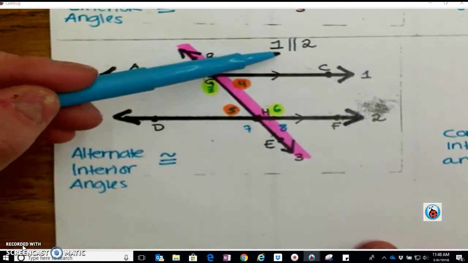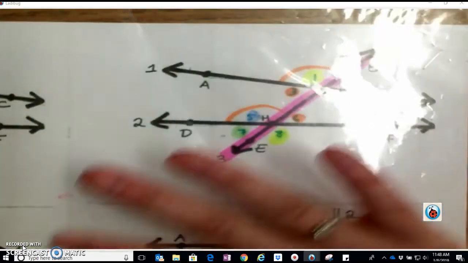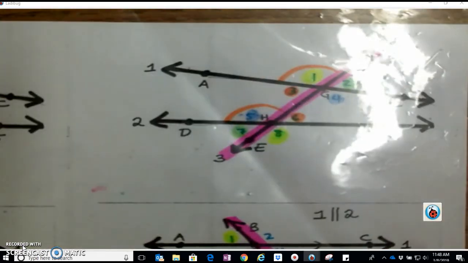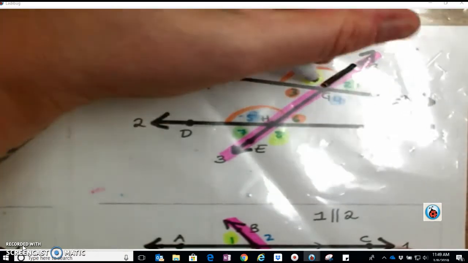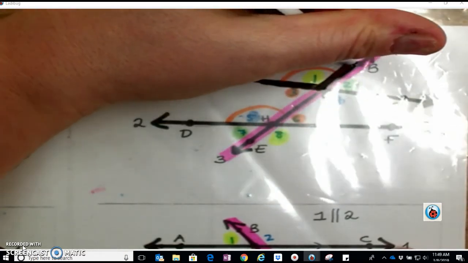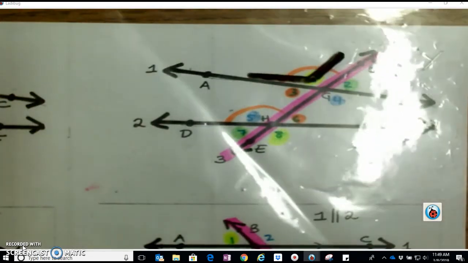All right, now again, notice this was for parallel lines. If I were to go back to the diagram that did not have parallel lines, we'll see that this does not work. So for example, if I trace angle 1 right here, according to alternate exterior, it should match up with angle 8.